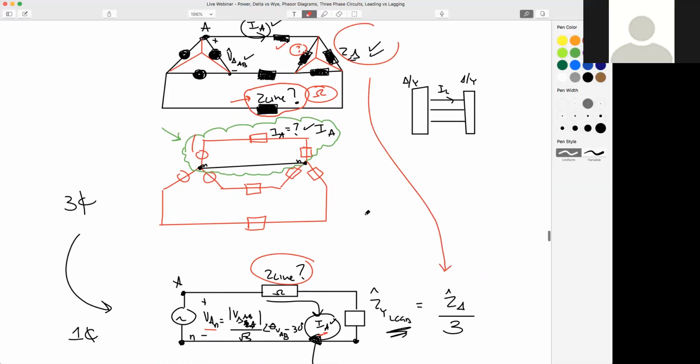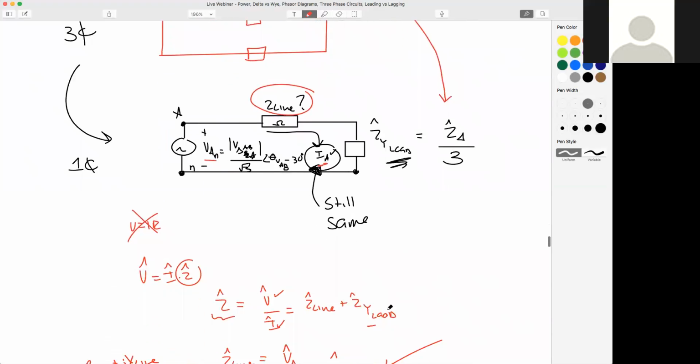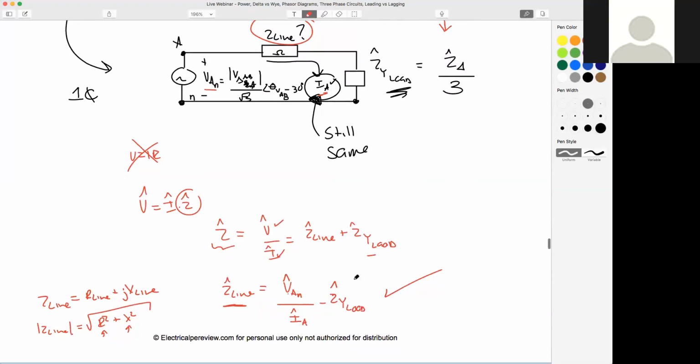However, if we didn't know our Z delta, then we could have done the same formula. This same relationship would have given us our Z Y load, and then we could have done a Z Y load to a delta transform, moving that to a Z delta load.